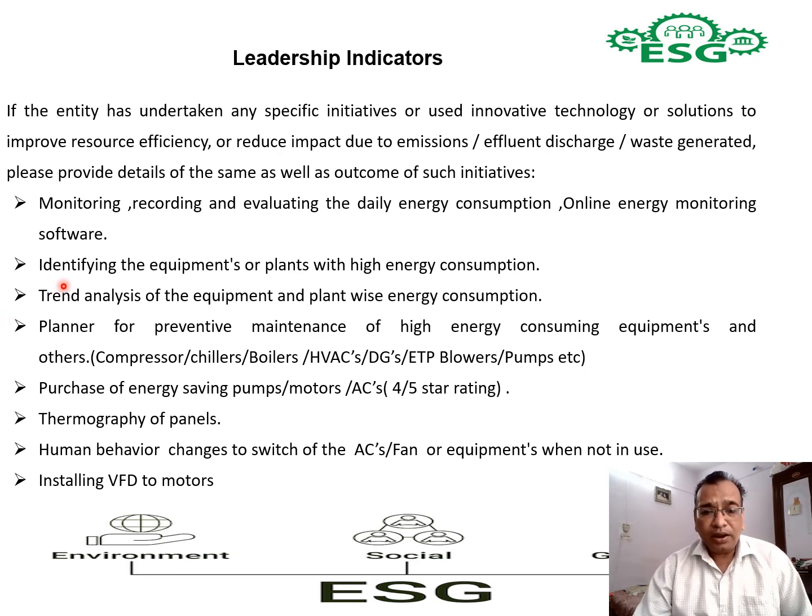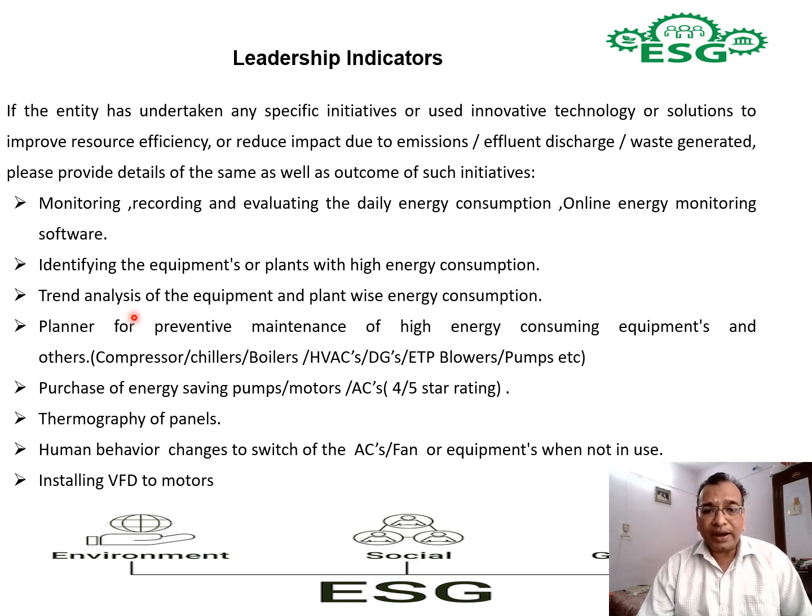Then you can identify the equipments or plants with high energy consumption. From the above records, you can identify the areas which are consuming very high energy. So you can isolate these areas and concentrate on them for further evaluation and reduction.